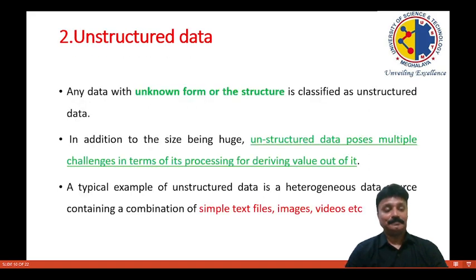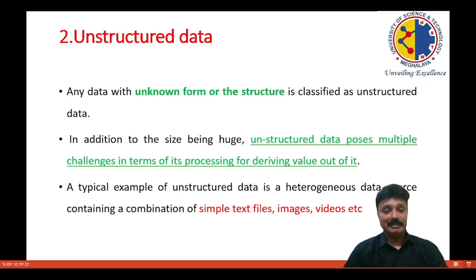Unstructured data is any data with unknown form or structure. In addition to its huge size, unstructured data poses multiple challenges in processing to derive value out of it.